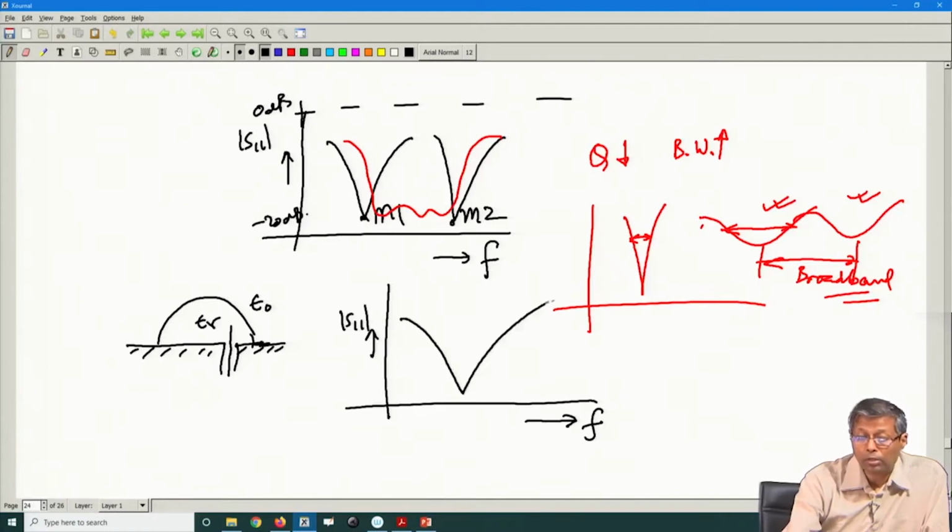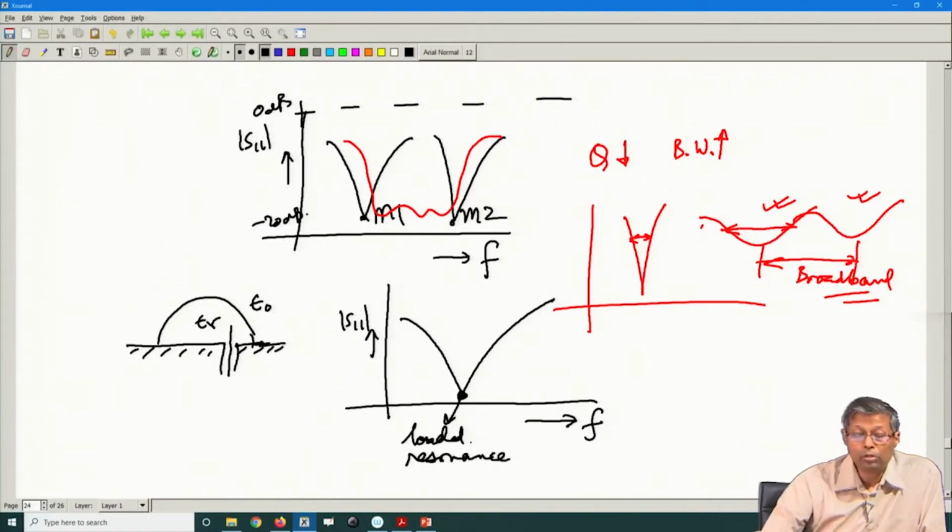So, that S11 is here. So, this is the resonance. So, this is the loaded resonance which is with the probe.